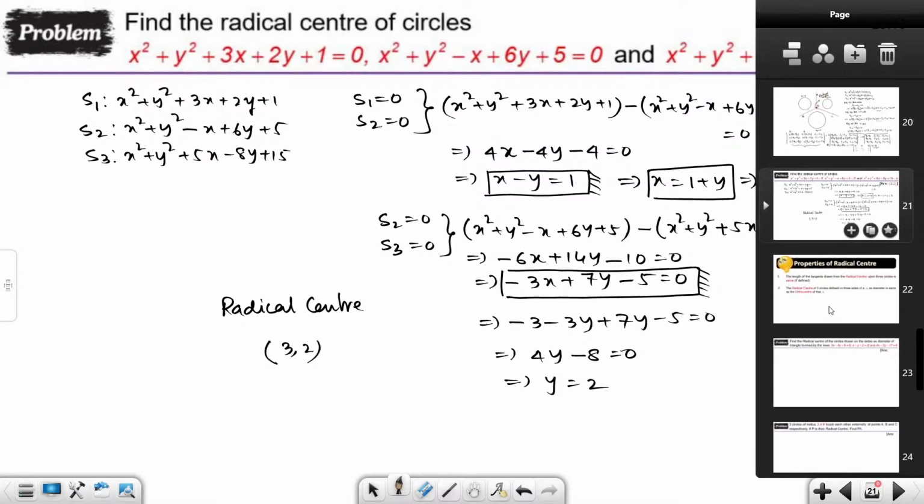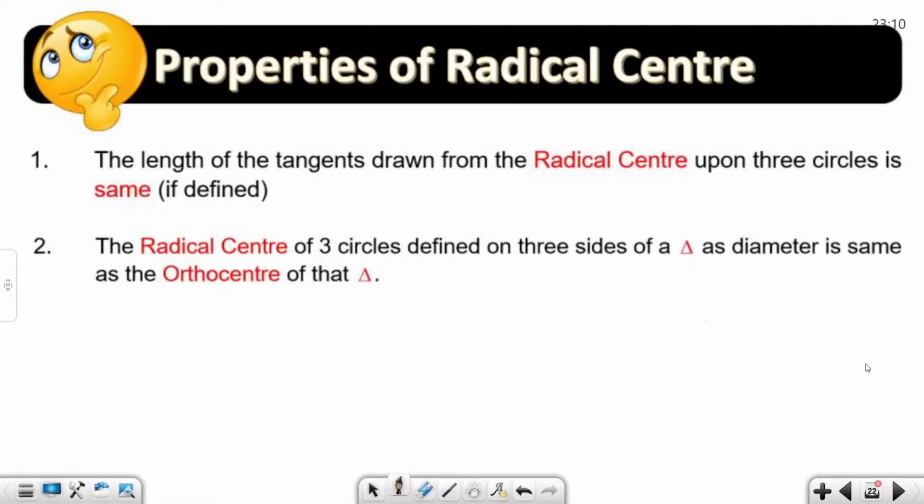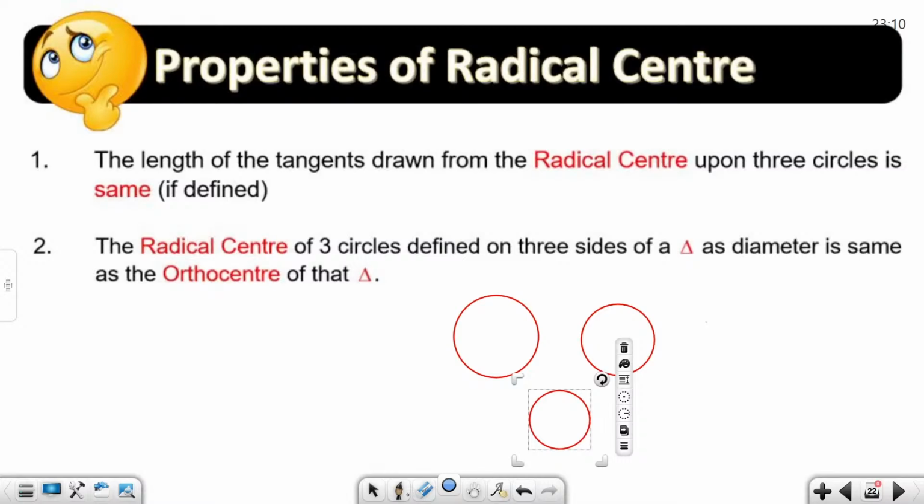So now let us come to some properties of the radical center. The first property says that the length of the tangents drawn from the radical center to the three circles is always the same. It's a common thing. It's very much true because when we have the radical center, let us say the radical center is this point.